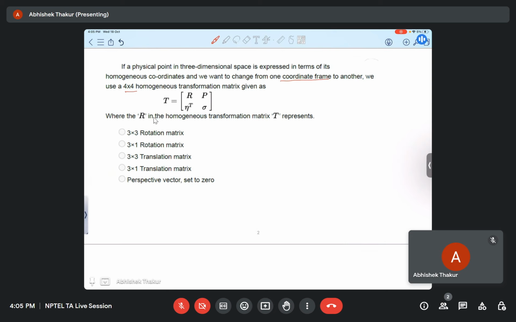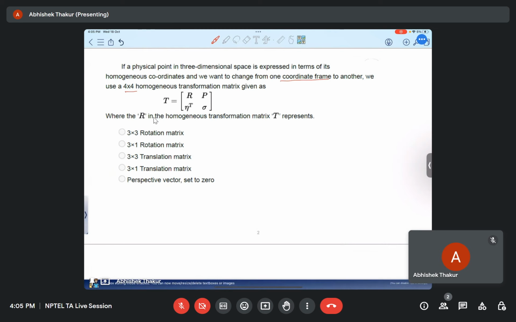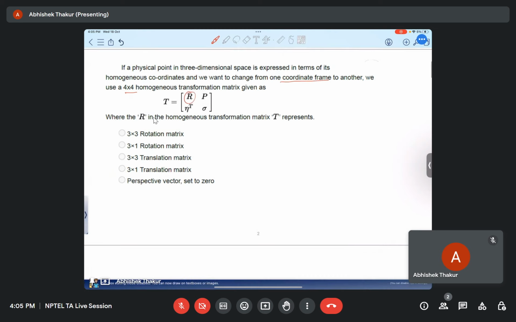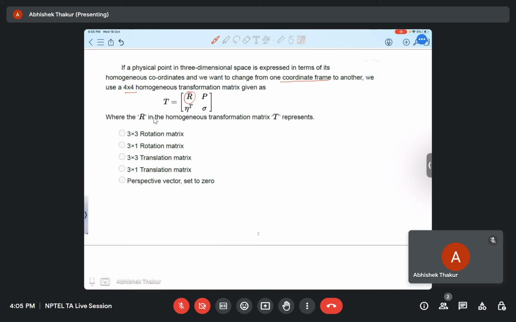In this question, it is asking what R in the homogeneous transformation matrix T represents. First we will see what is there in the transformation matrix. Whenever we write a transformation matrix, it consists of R, that is R11, a rotational matrix. It is a 4 cross 4 homogeneous matrix, so the rotational matrix will be 3 cross 3.